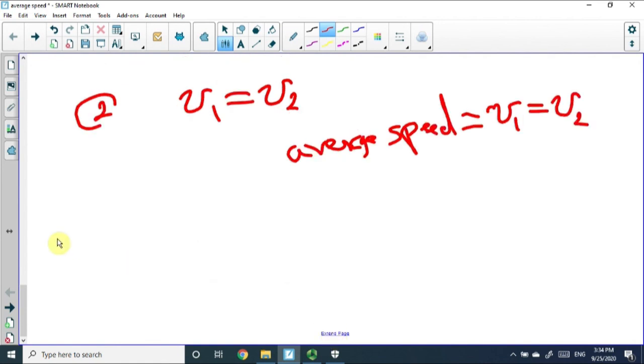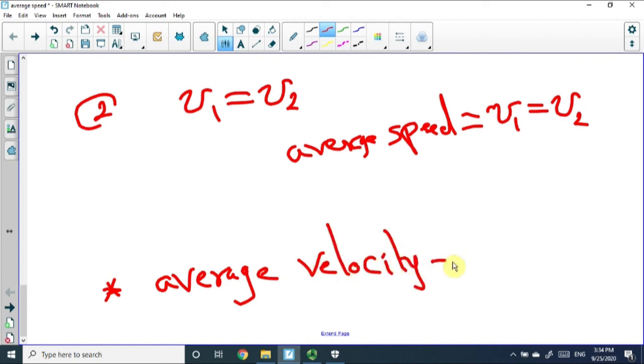I would add another comment for students. Just remember that there is something else in physics that we call the average velocity. This is something different from average speed. So, what is average velocity? Average velocity is different from average speed because it's a vector. It's defined through the displacement over time.